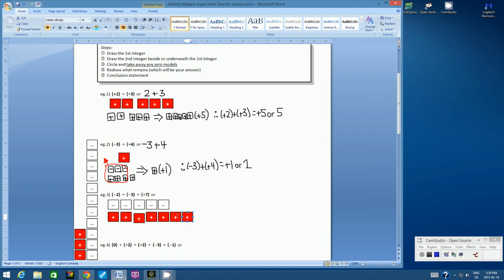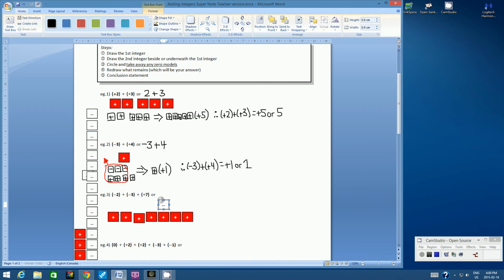Now, I've got to stop and look at my board and see, are there any zero models? Well, yes, there are in fact 1, 2, 3, 4, 5 zero models. Whenever you see a zero model, I'd like you to take it away. Okay, let's take them away. That means 5 negative tiles are going to be taken away.